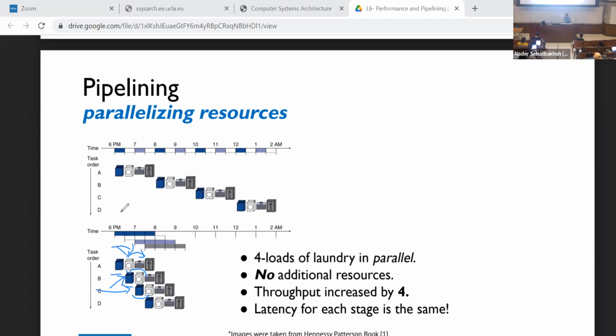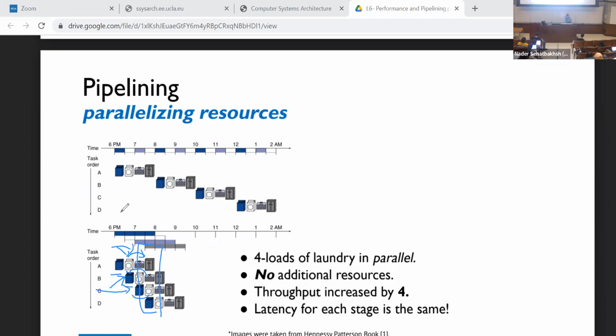So the idea is that at this point, somewhere in here, you will see that all 4 resources that I have are being utilized at the same time. Here I'm assuming that all these are automated, so it's not like one person doing everything; there are 4 people who can do this at the same time. So we can have at best all 4 items at my disposal being used at the same time.